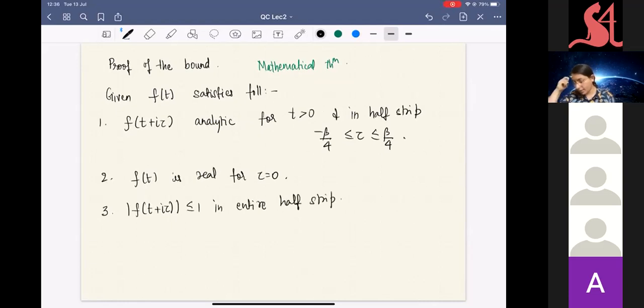By half strip, I mean this. Then the function satisfies the following inequality.